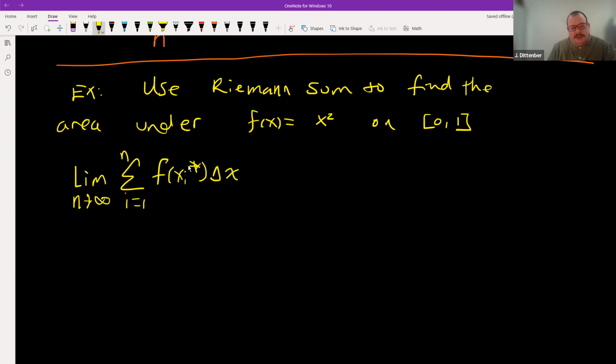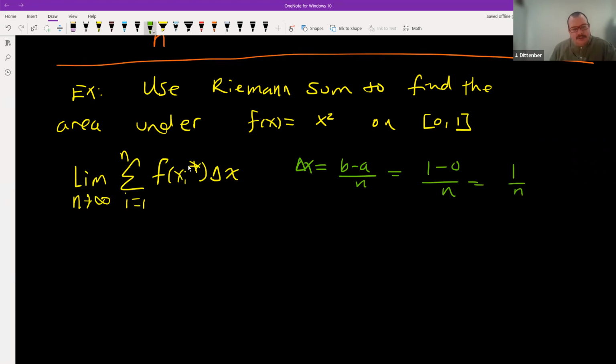times delta x. So we need to calculate our xi star. I'm calling it xi star to distinguish it from other xi's we've used before. Xi star is going to be a plus i times delta x. That means I need to calculate delta x first. Delta x is b minus a divided by n, so I've got 1 minus 0 divided by n, or 1 over n.